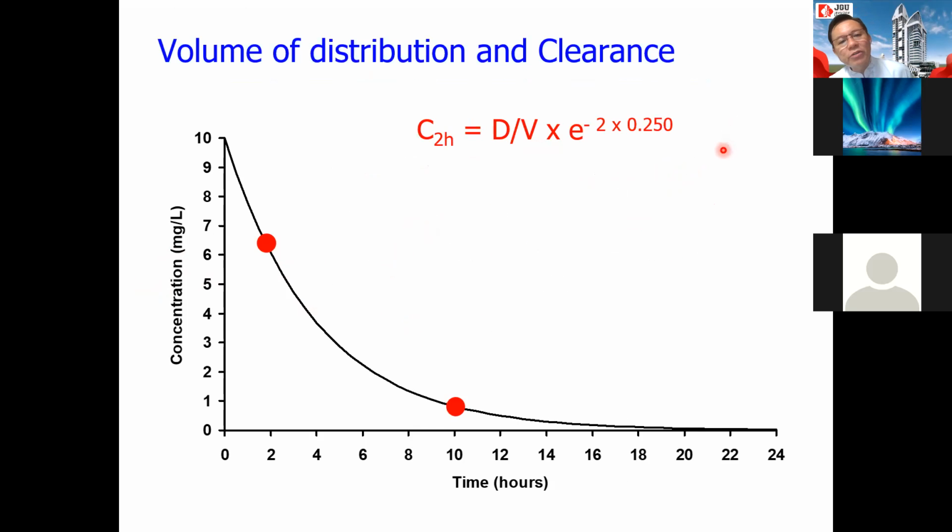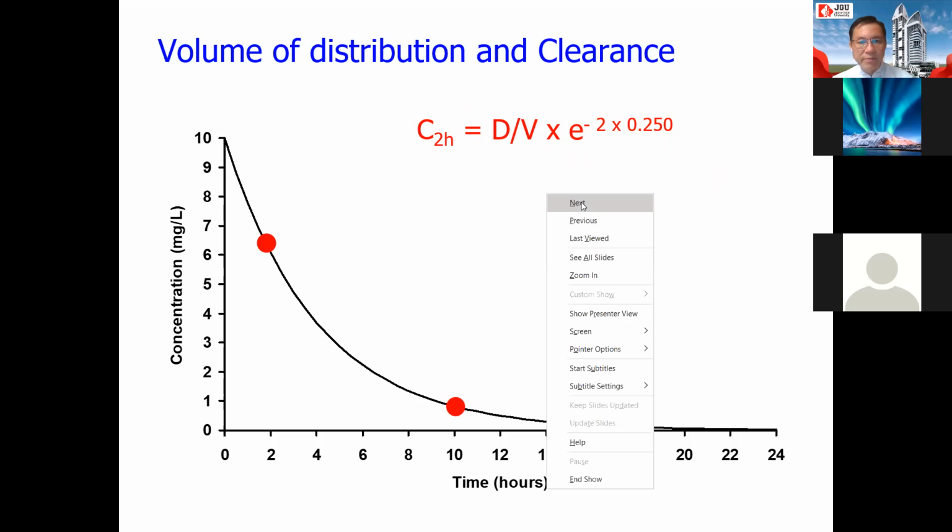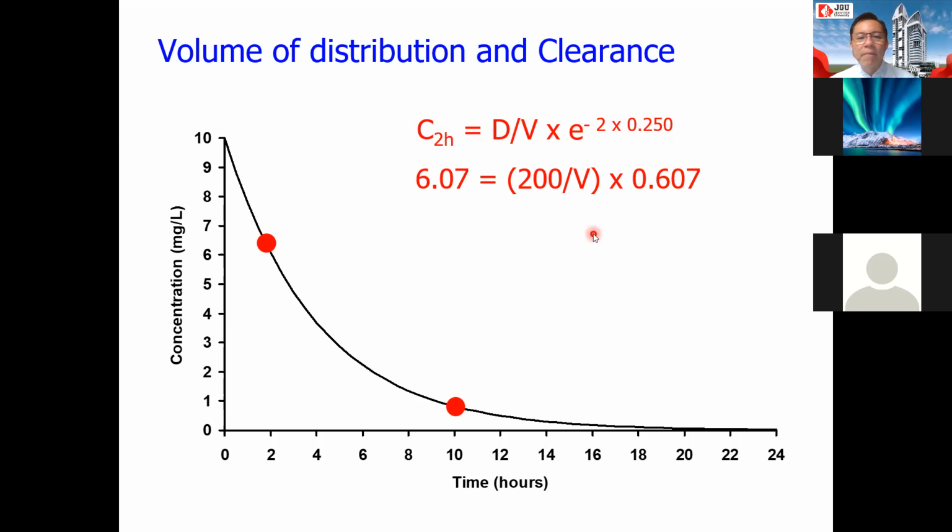Now the volume of distribution. We just apply the formula from just now, e minus KT. We already know the K and the T is 2 hours, then we can get the Vd because we know the dose and we know the concentration. Until here, understand?